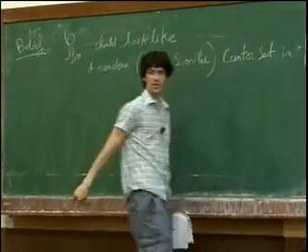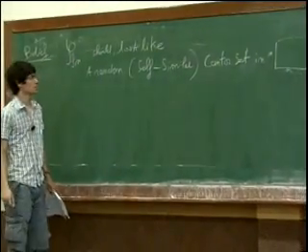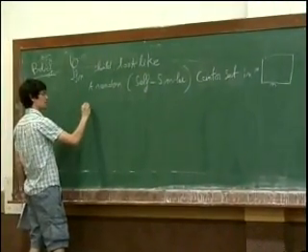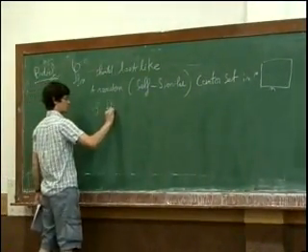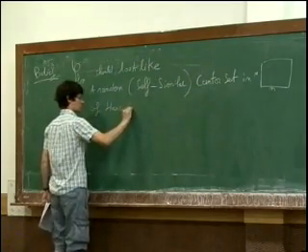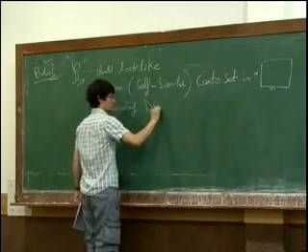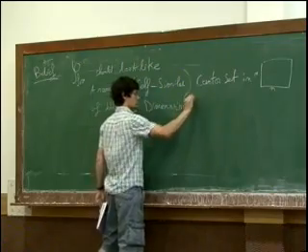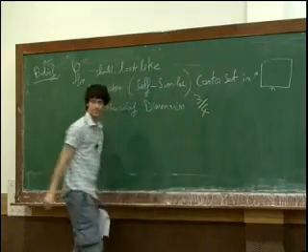So if n is really big, you may think just of the square. And it's believed to be a random Cantor set of Hausdorff dimension three-fourths.